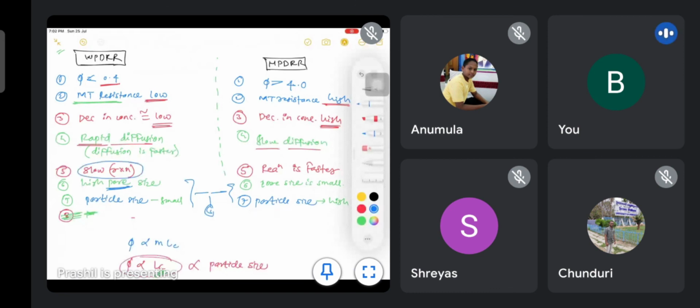Are you getting now? Similarly, opposite is here, right? If mass transfer resistance is high, that means your mass transfer is low, and mass transfer is low means reaction will be fast. So that is just a point.